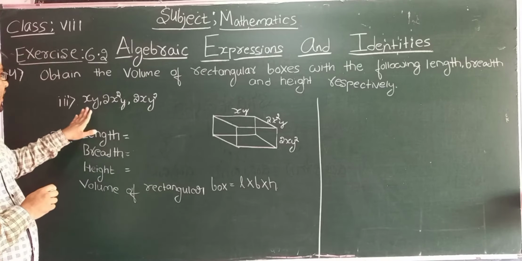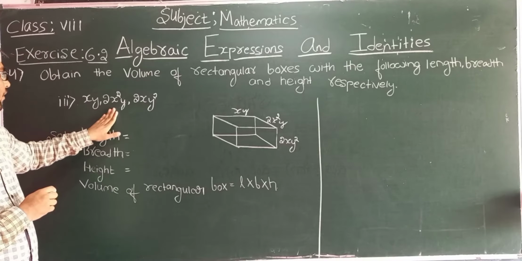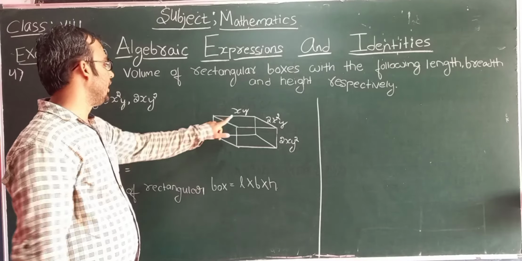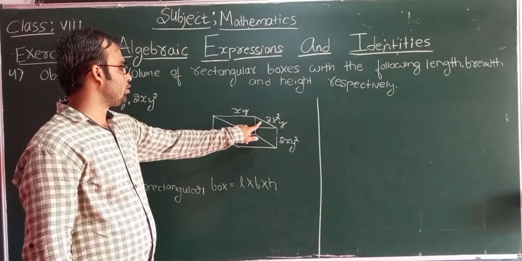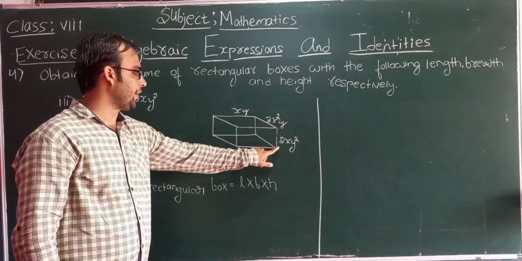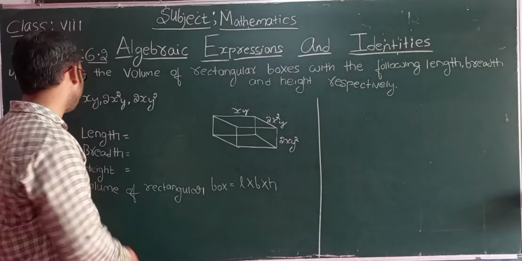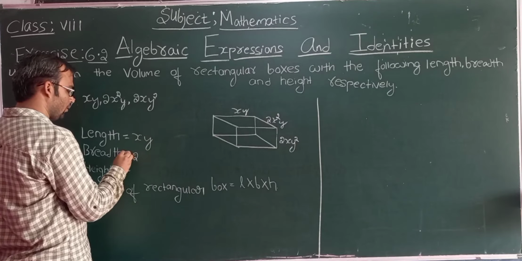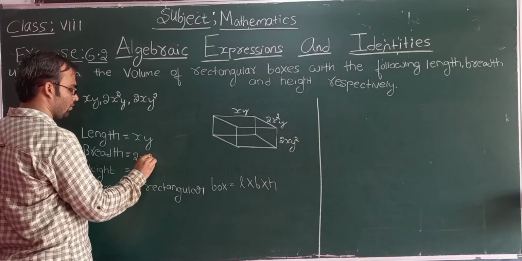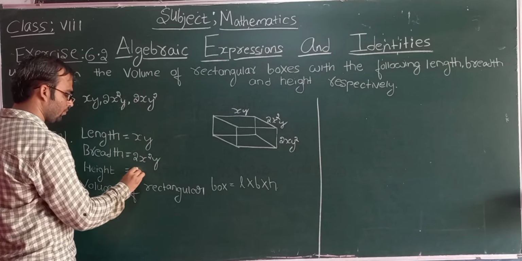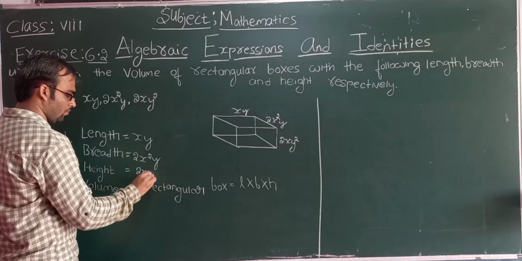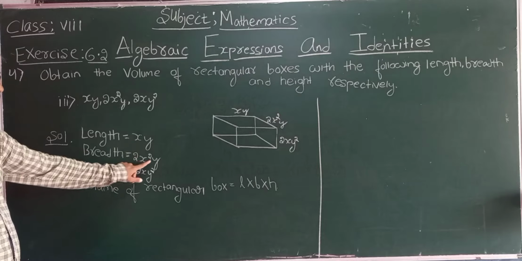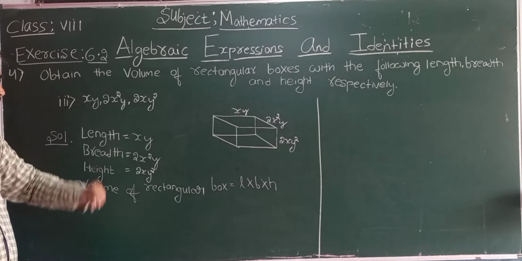Okay, so they have given xy, 2x square y, 2xy square. So here the length is xy, breadth is 2x square y, and height is 2xy square.